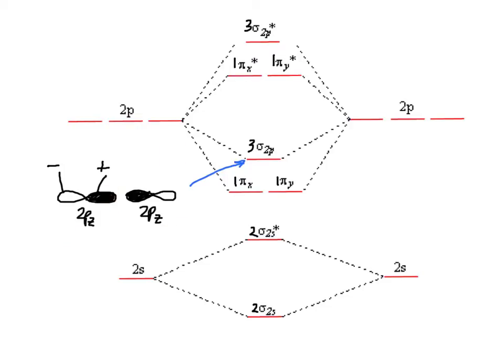So the shaded region indicates the positive lobe of the 2p function, and of course this unshaded region indicates the negative lobe, and again this is the positive lobe and this is the negative lobe for the other 2pz atomic orbital coming from the second atom.